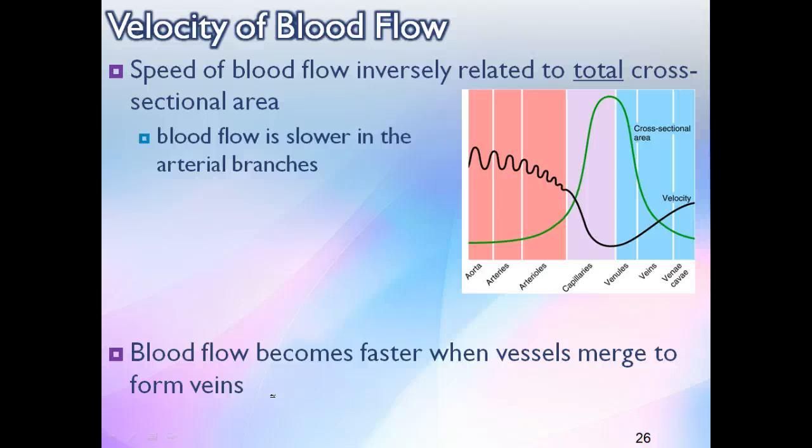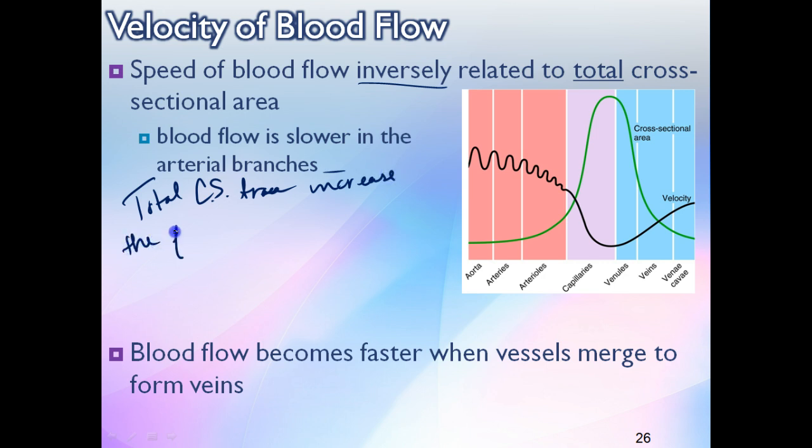Now, velocity of flow is the speed at which blood flows through your vessels, and it is inversely related to the total cross-sectional area. What ends up happening is the total cross-sectional area, as you see by this graph, increases the further we get from the heart.